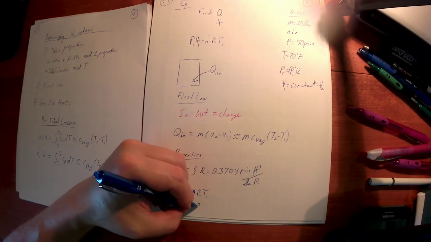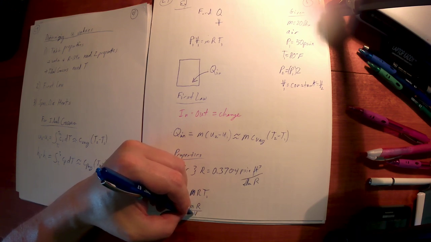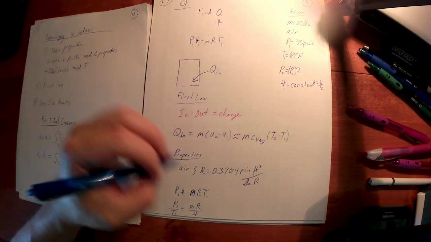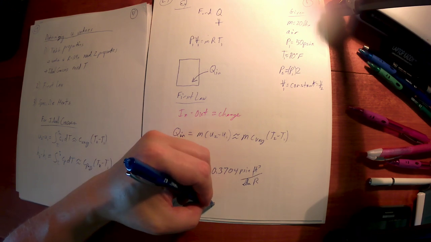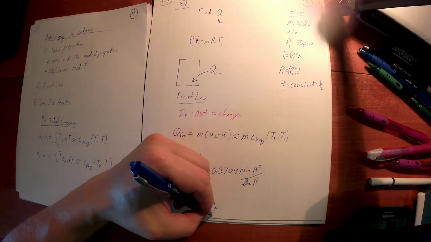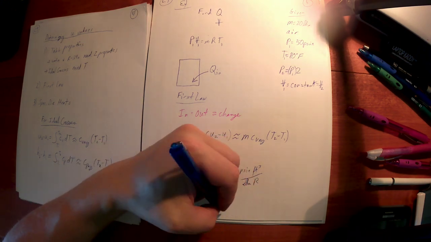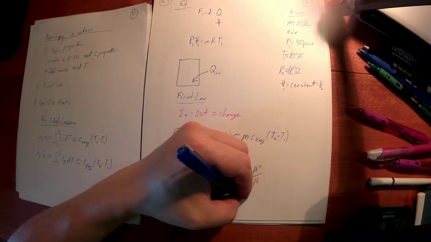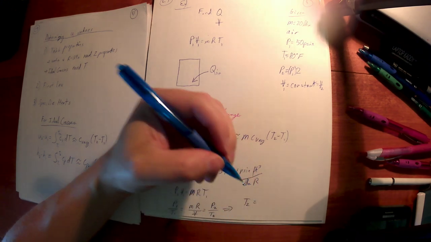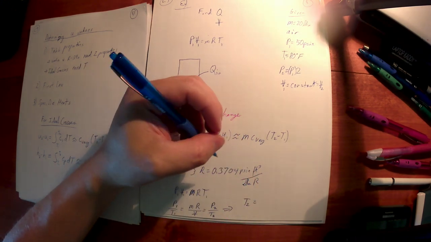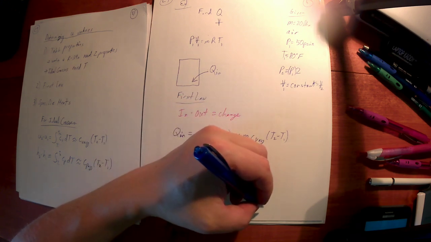So mass does not vary, R does not vary, and the volume does not vary. And what I can do is I can set that equal to the other states. In this case, I've just got state 2. So I need T2. So T2 is going to be, oh, I got to quit right there.